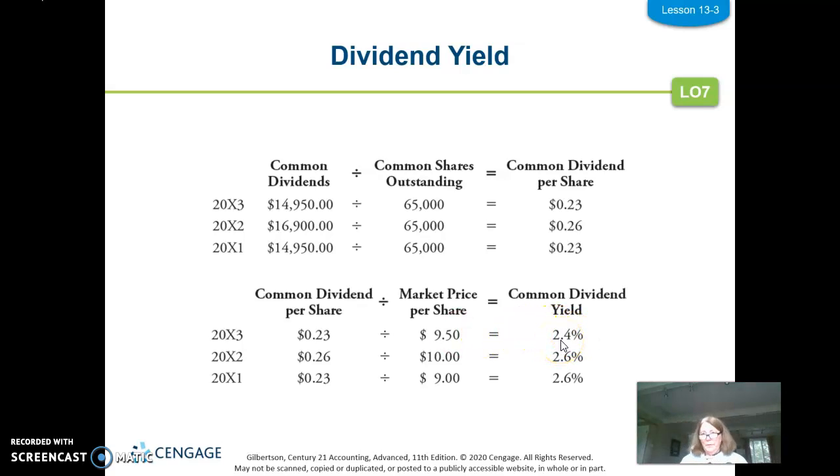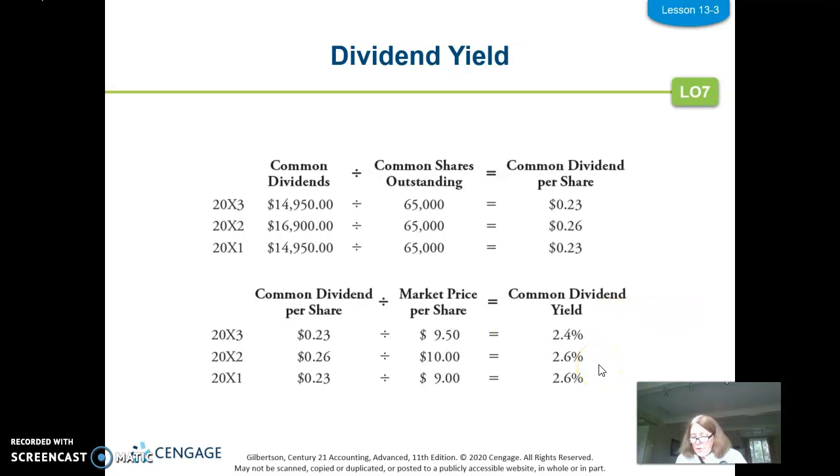And what that 2.4% is saying is that shareholders are earning 2.4% on their investment value, and that investment value is really this $9.50, because that's what the market's trading the stock at right now, so that's the value of the investment.